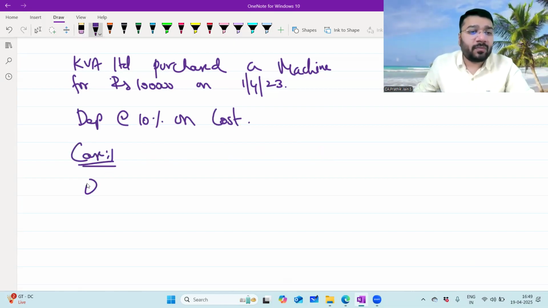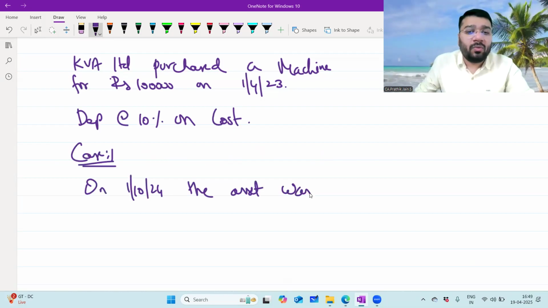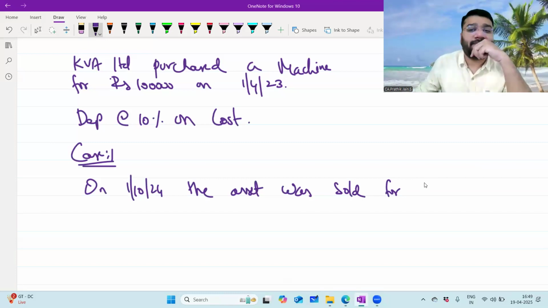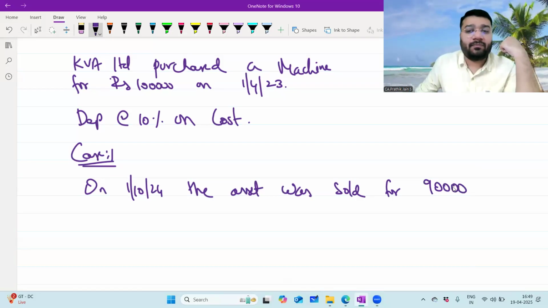Case 1, on 1/10/24, the asset was sold for rupees 70,000.